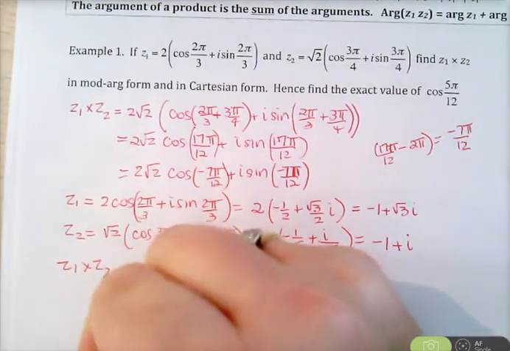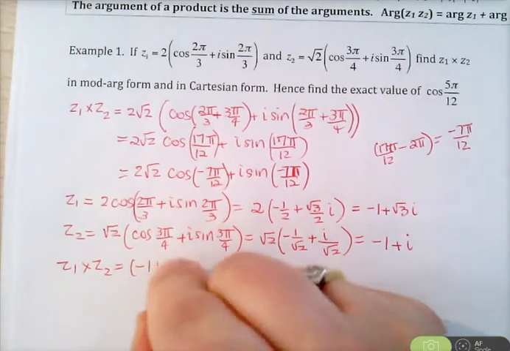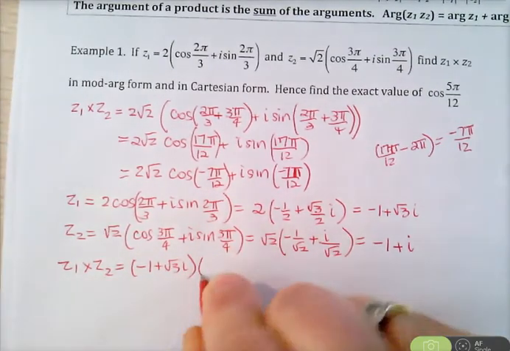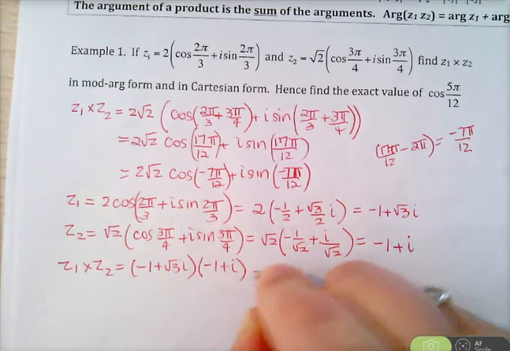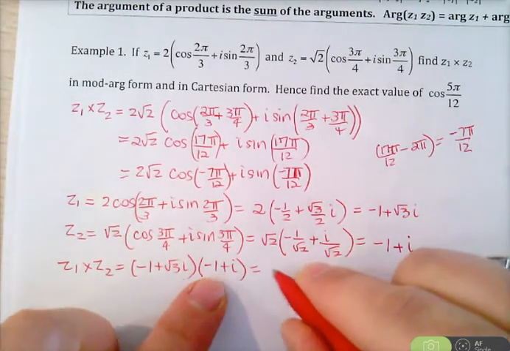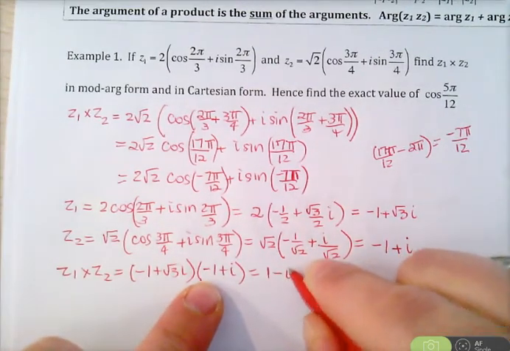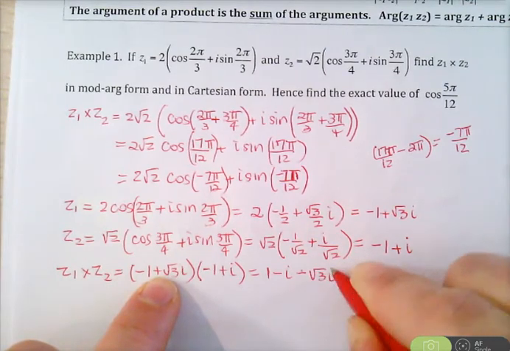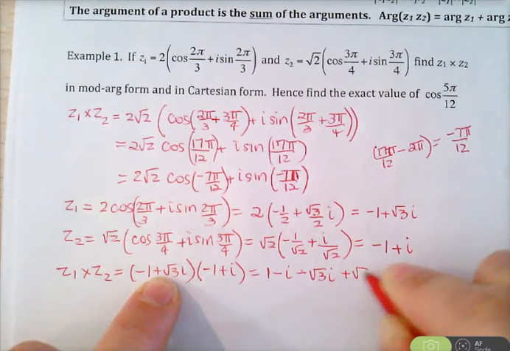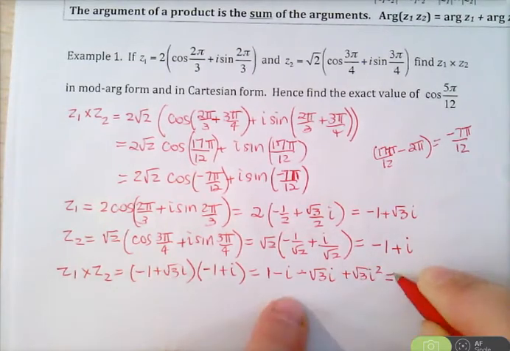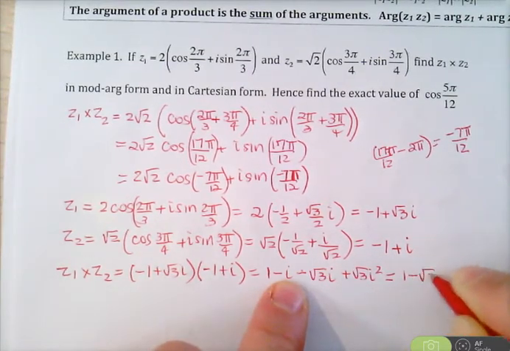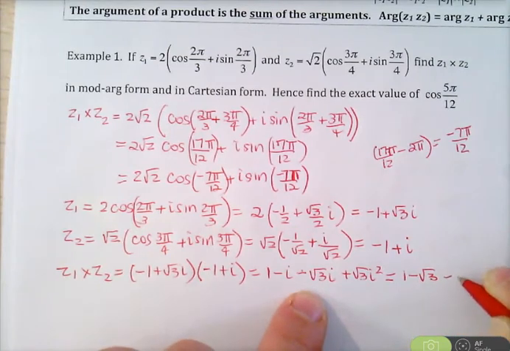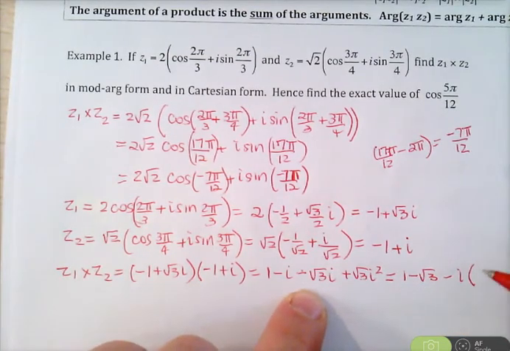Now we can work out Z1 times Z2. That will be (-1 + √3i) times (-1 + i), and expanding the brackets you get 1 - i - √3i + √3i², which is 1 - √3 - i.